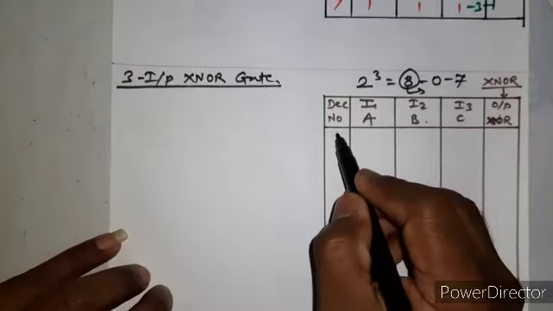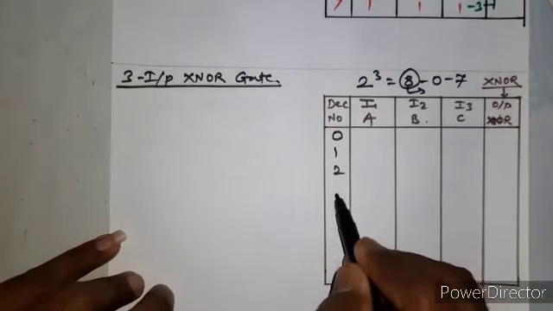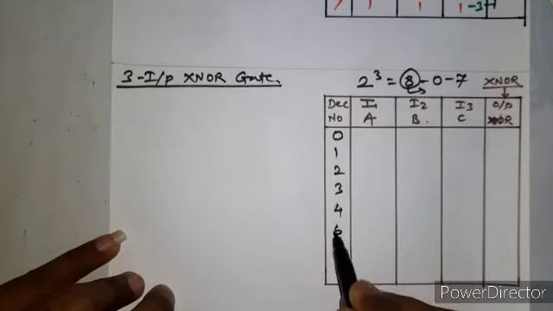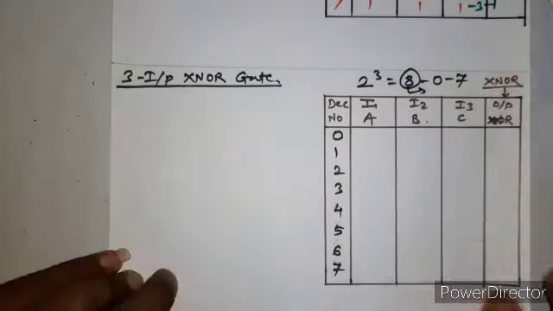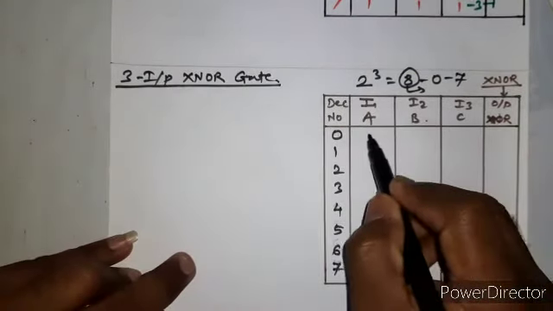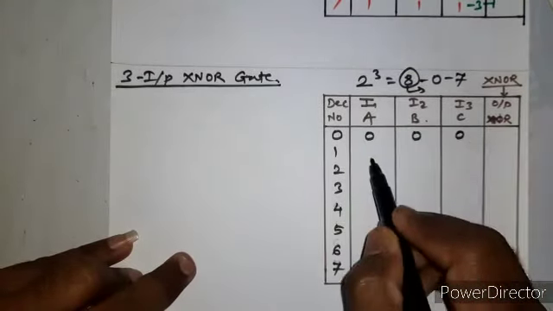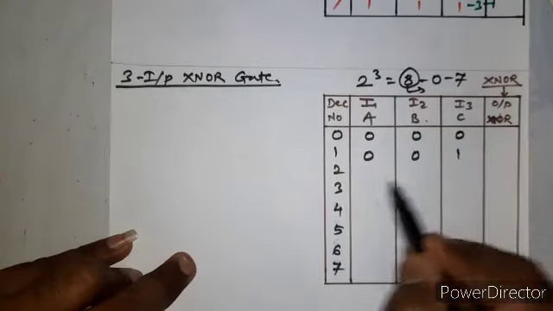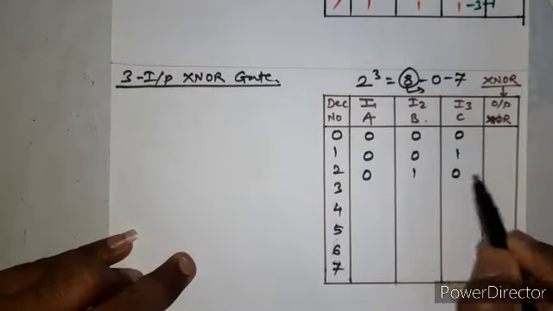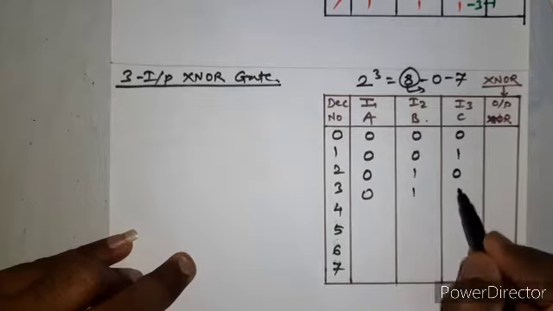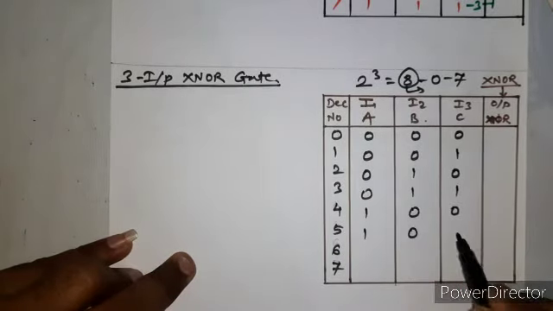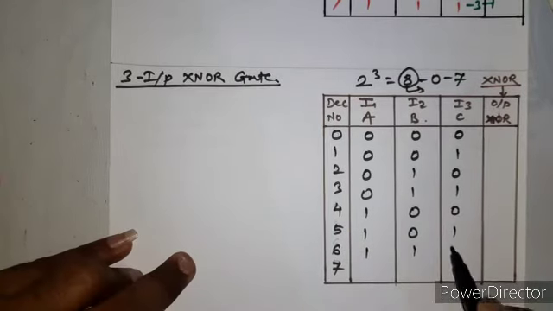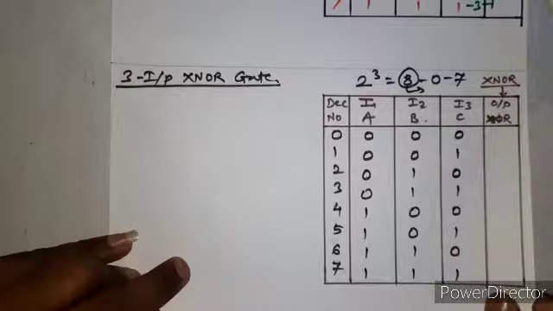So I can write down here 0, 1, 2, 3, 4, 5, 6, 7. Then binary: 0 0 0, 0 0 1, 0 1 0, 0 1 1, 1 0 0, 1 0 1, 1 1 0, and 1 1 1.